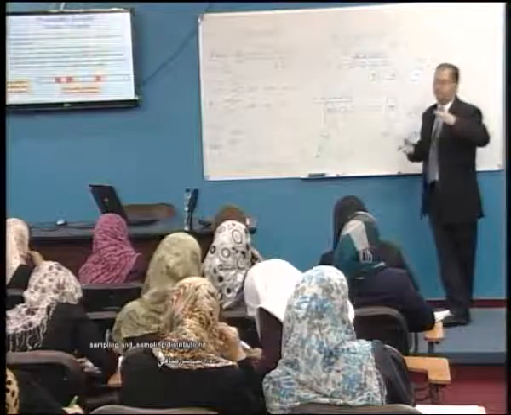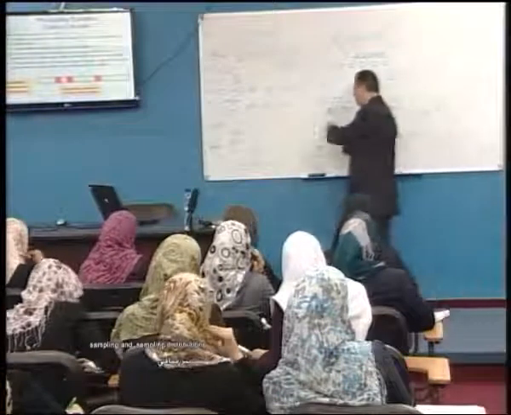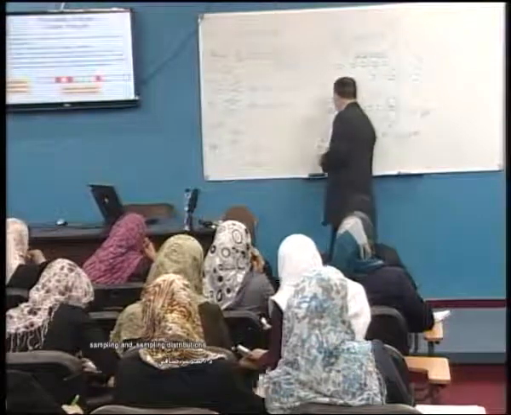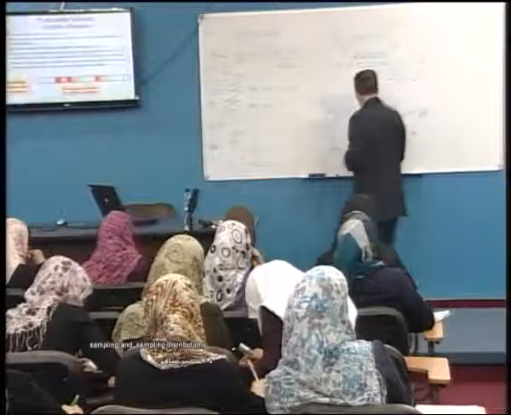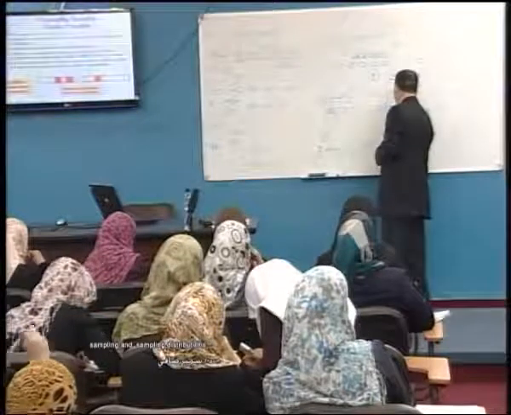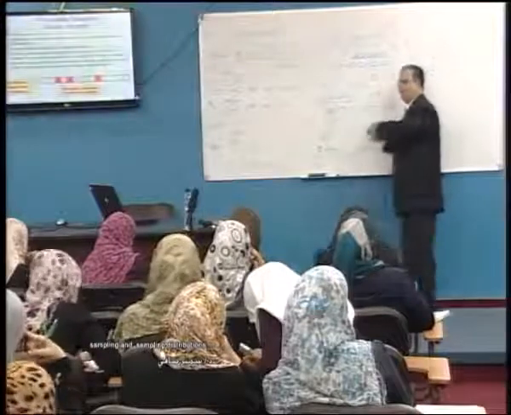So the population size is 150. Make sense? Then the proportion here is 70 divided by 150 times 20. The other one, 80 divided by 150 times 20.